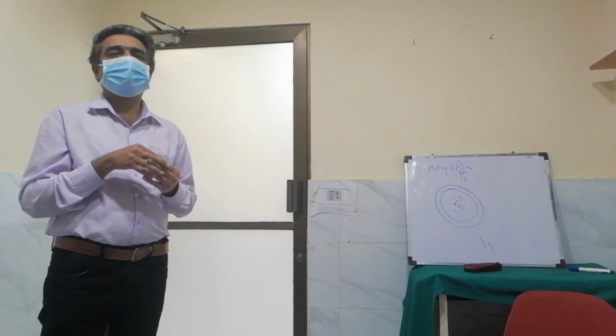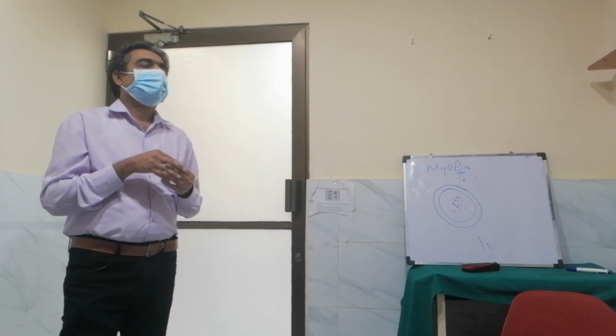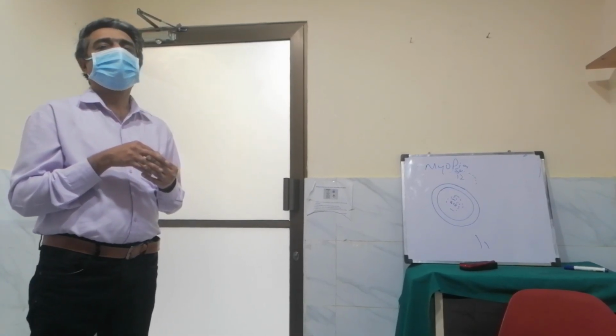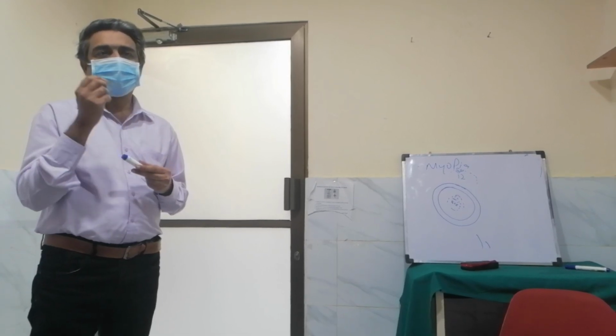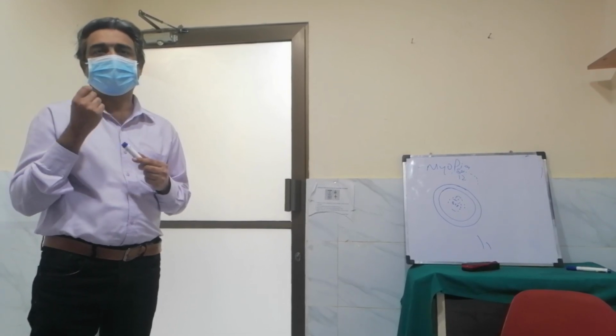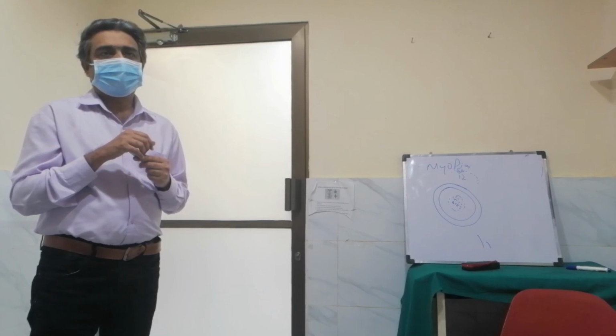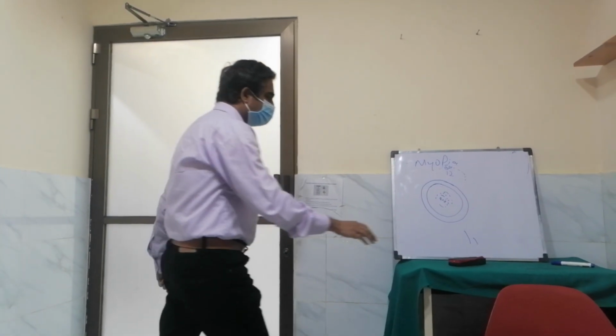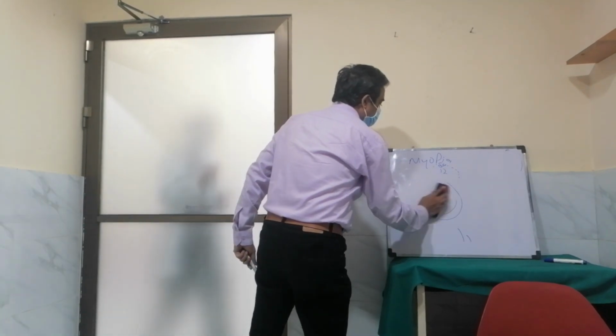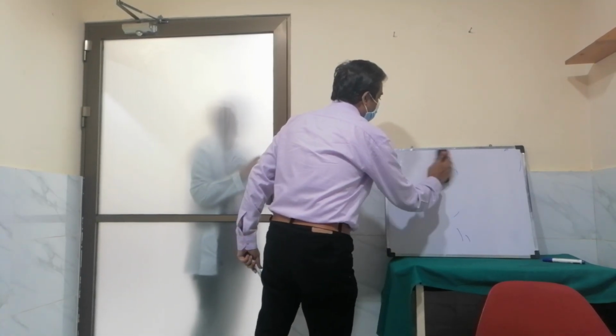The only disadvantage is that for 1 to 2 weeks, the patient may have to bear a little bit of discomfort, watering and pain, and otherwise there is no complication. So these are the 3 treatment options of myopia.